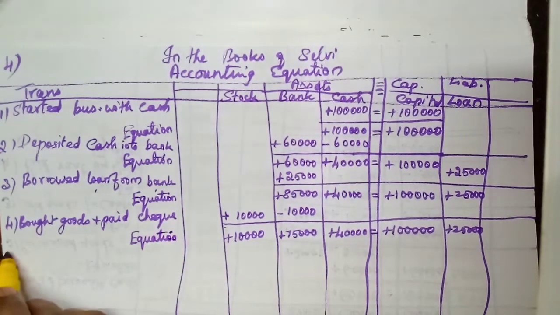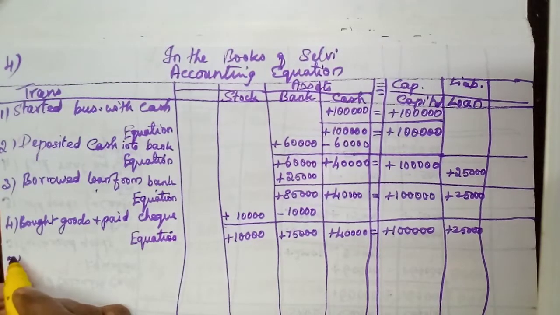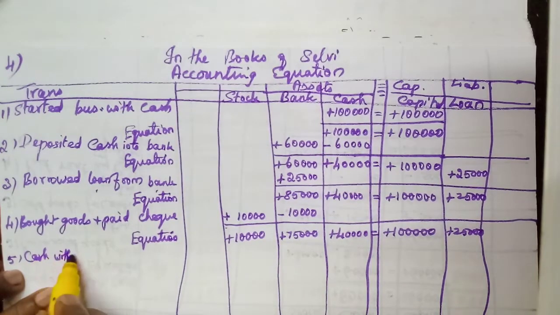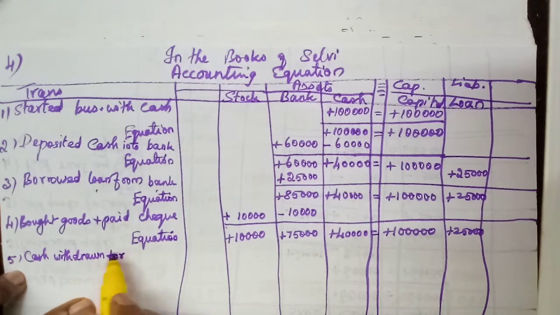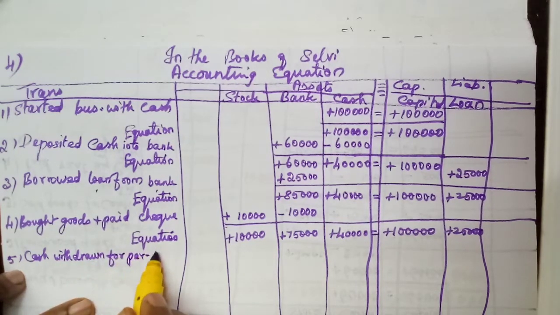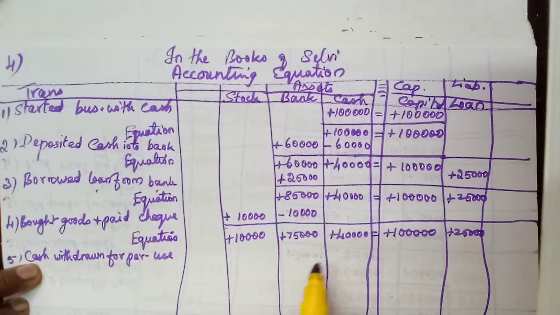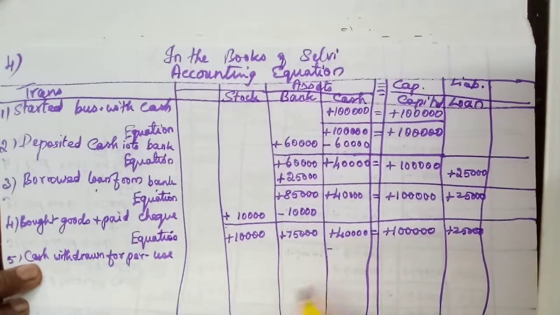Then next one. Cash withdrawn for personal use. Here, as I told you, this is cash withdrawn, so it will reduce the cash, you know very well, isn't it?